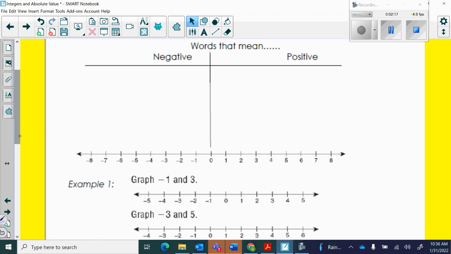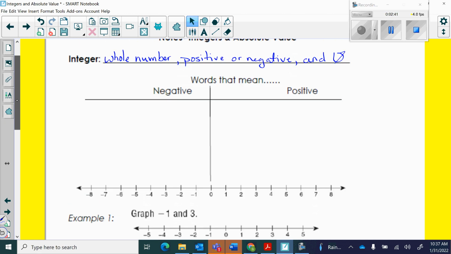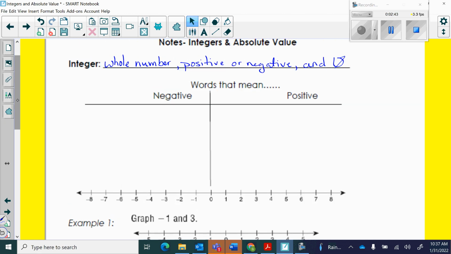Now, let's talk about some words that mean positive and negative things, because this is really what we're getting to. In Engage New York, they like to use a lot of financial terms, so we'll make sure we include these. But we want things that when you think of the word and you associate it with a number, would it be a positive number or a negative number? Kaylee? And 0.